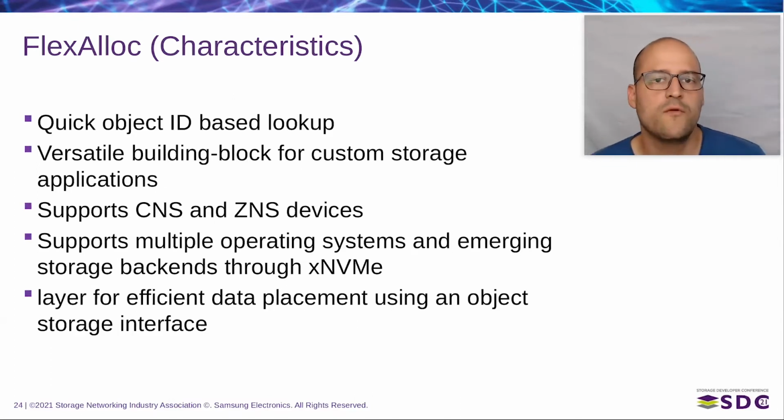Now let's move to other characteristics that are not necessarily related directly to size. Like the object ID handle returned to the application can quickly be translated into the actual logical block with just a couple of arithmetic operations. So the transformation is quite fast. FlexAlloc's structure provides a setup to support both conventional namespace and zone namespace.